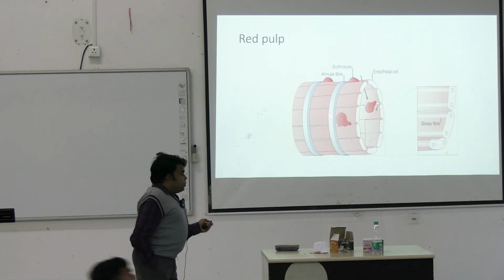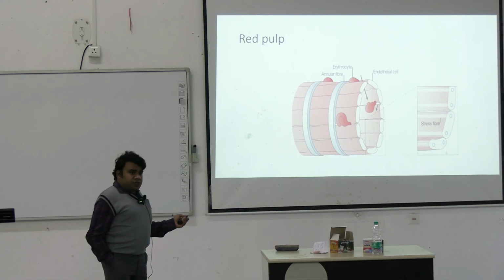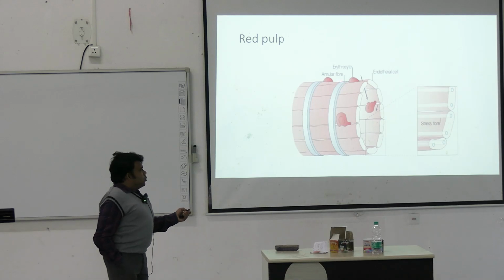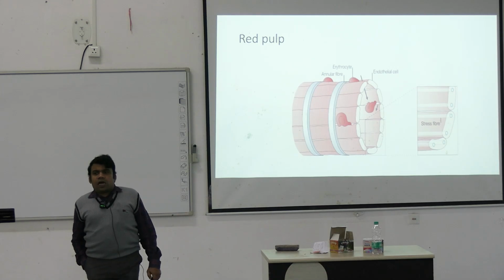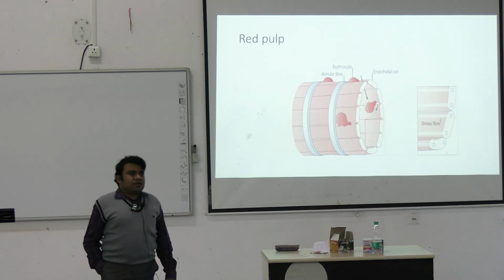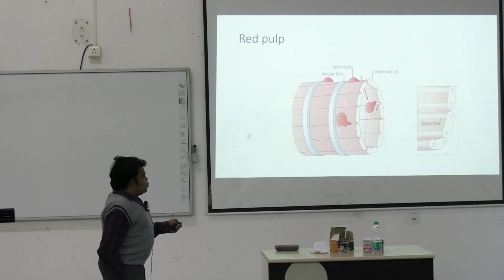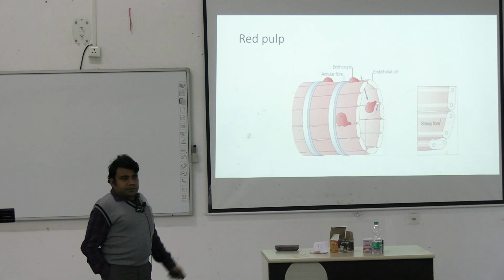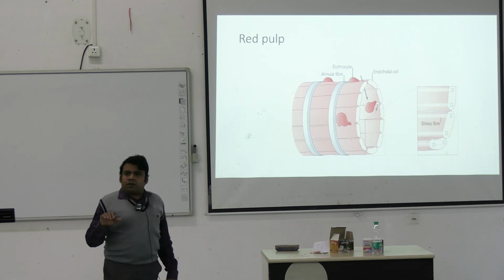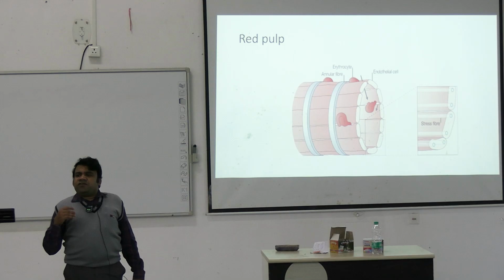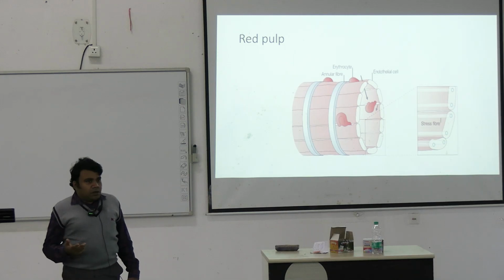So, in the red pulp, the afferent arterioles will have very small gaps. And through these small gaps, all the red blood corpuscles and the platelets are forced to move through these sieve-like structures. Now, whenever an RBC is infected, damaged, or an old RBC, the pliability of the RBC decreases.